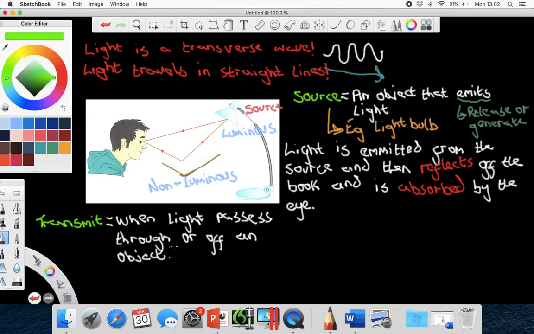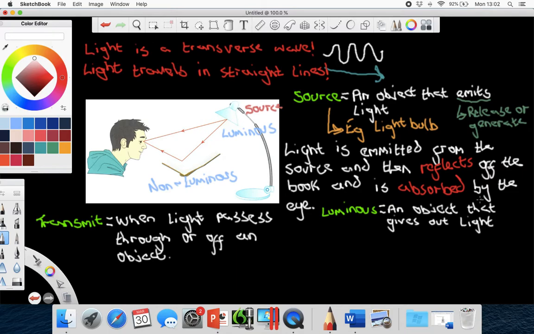So the word luminous, L-U-M-I-N-O-U-S, is an object that creates light. Okay, or it's an object that gives out light.